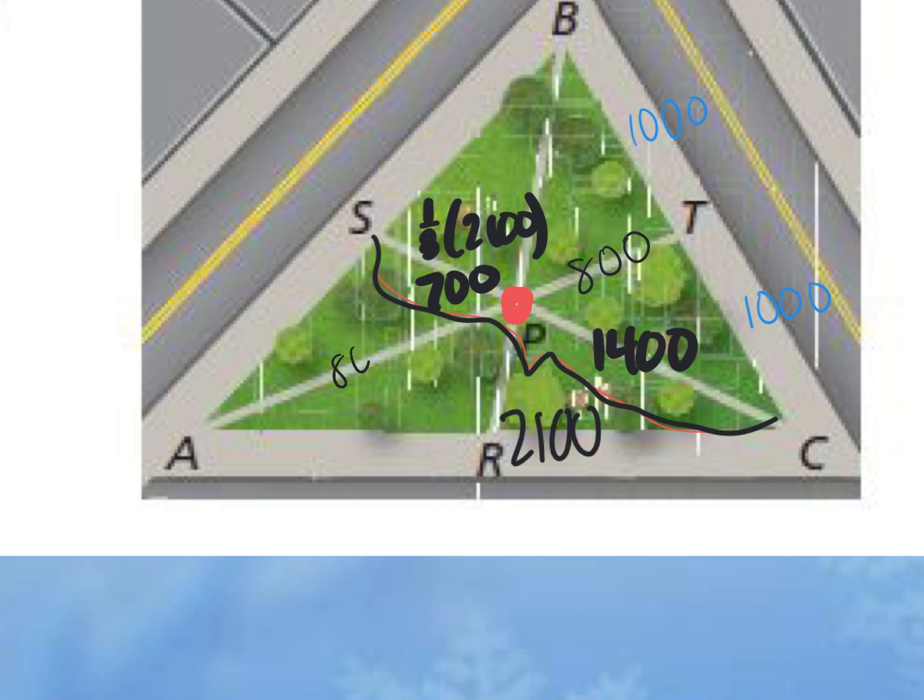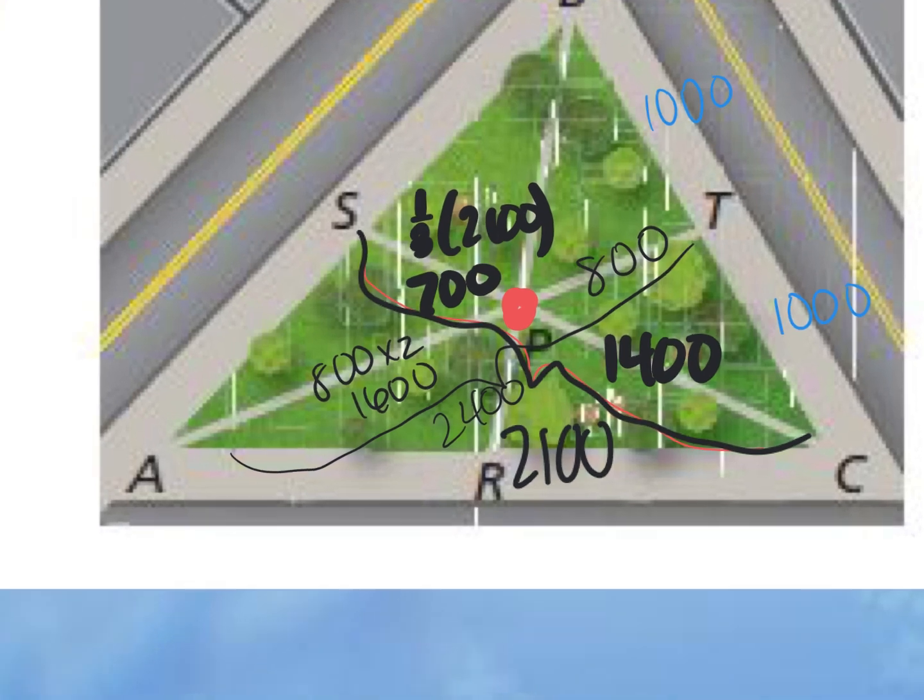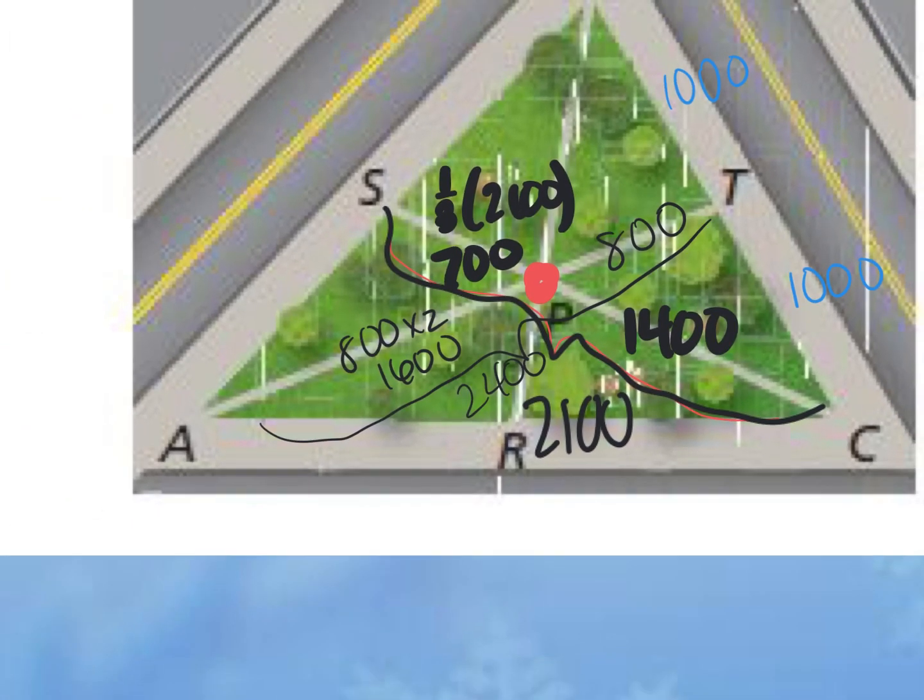You're just going to do 800, multiply it by 2, and we would get 1,600. And for AT, you can add them together. Yep. Or take 800, multiply it by 3. And we would get, I believe, 2,400. Perfect. It's a little bit slow while it's loading, but there you go. So AT is 2,400, AP is 1,600.